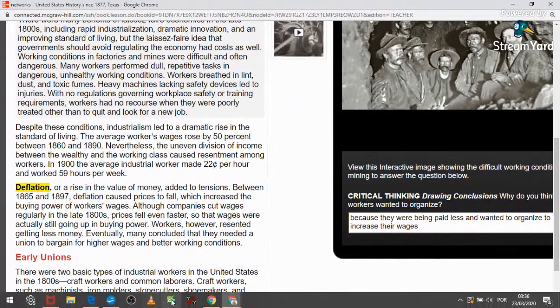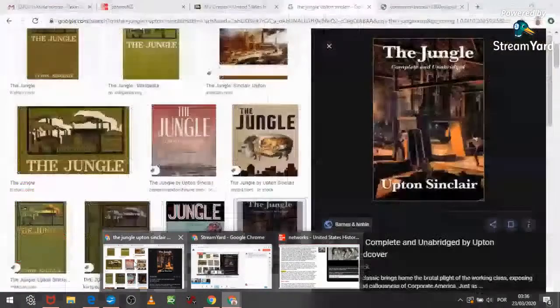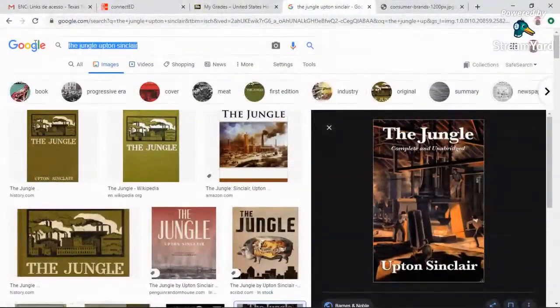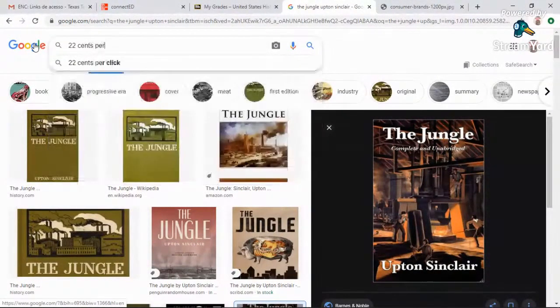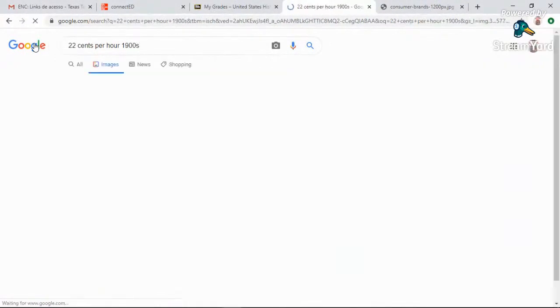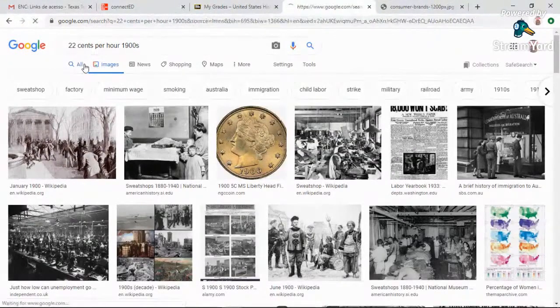Okay, now that sounds crazy, right? So let's see. 22 cents per hour, 1900s. What is that adjusted for inflation, though?